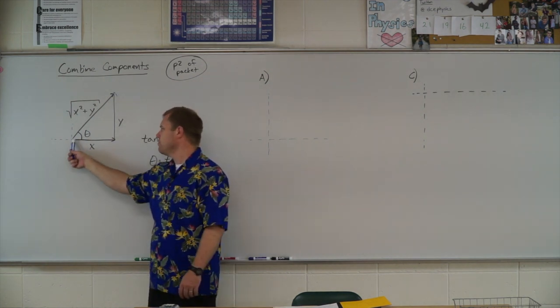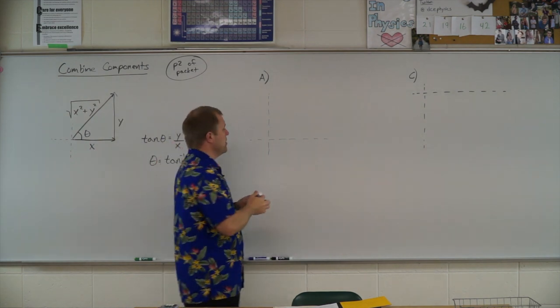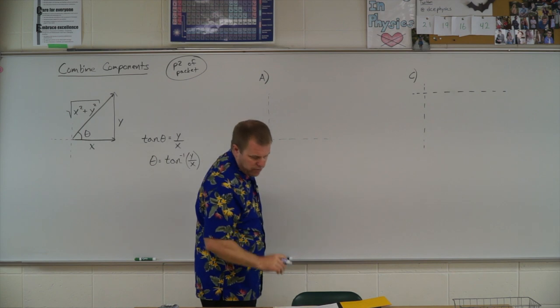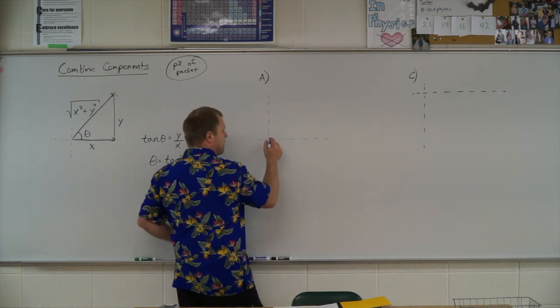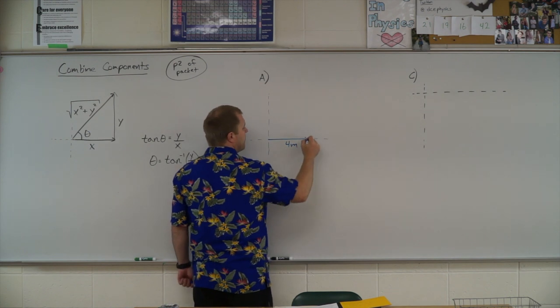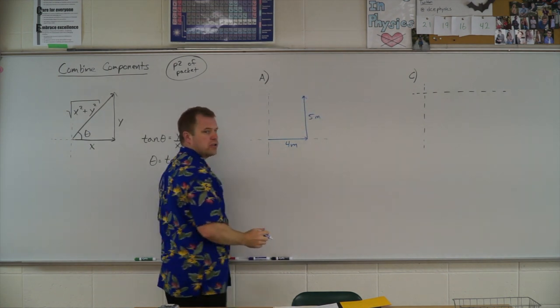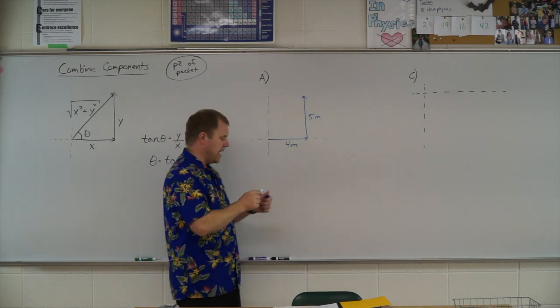So whenever you draw your components, you have to draw one and then the other. Okay, so here we go. It's moving 4 meters in the positive x direction, and then it moves 5 meters in the positive y direction. So I drew one vector, then I drew the next one.